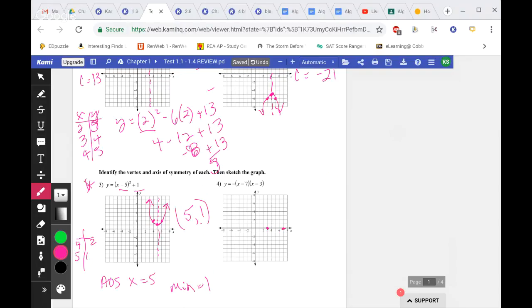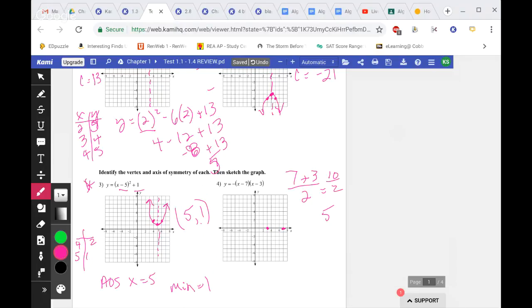And to find the axis of symmetry, because I know it's on the 7 and the 3, I can actually take those 2 points and add them together and divide it by 2 to find the axis of symmetry, because I know the axis of symmetry has to split those 2 points in 2. Yeah. Does that make sense?